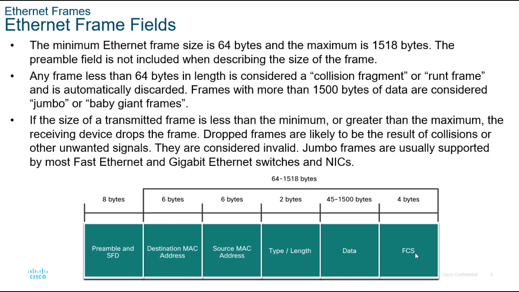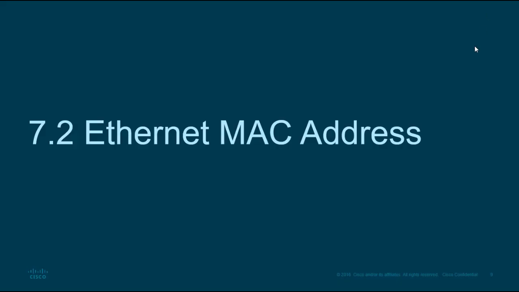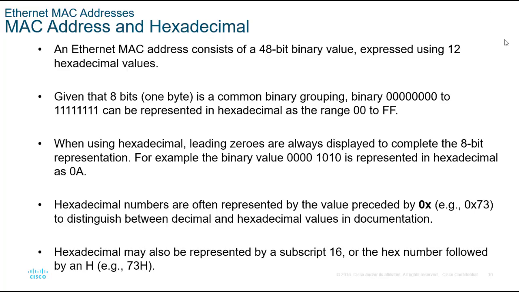If the calculation doesn't match, it's assumed that the encapsulated data has been changed, for example, as a result of signal interference changing the bits that make up the message, so the receiver will drop the frame.